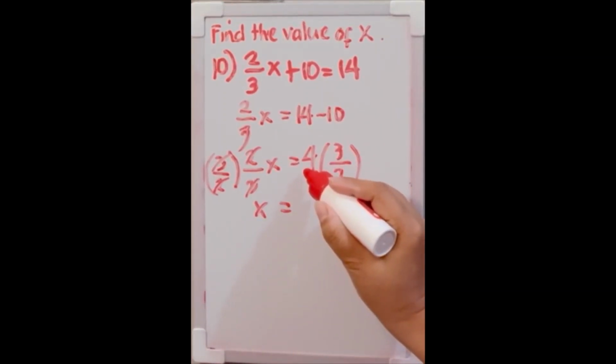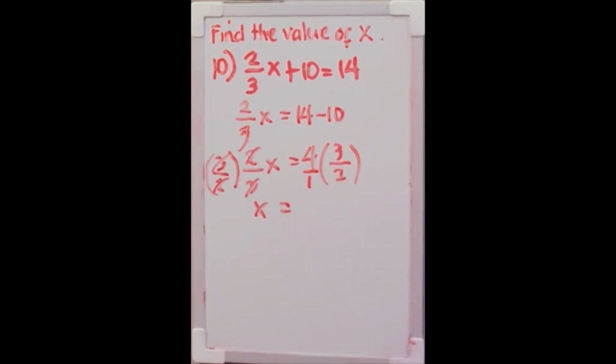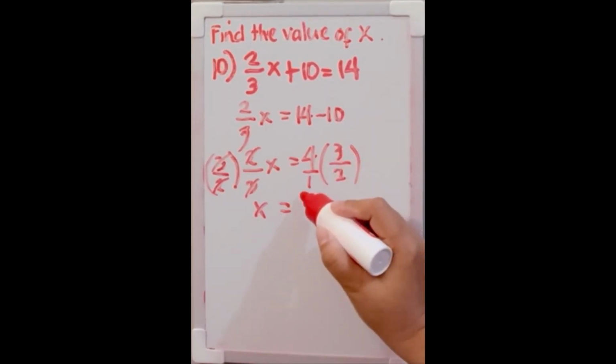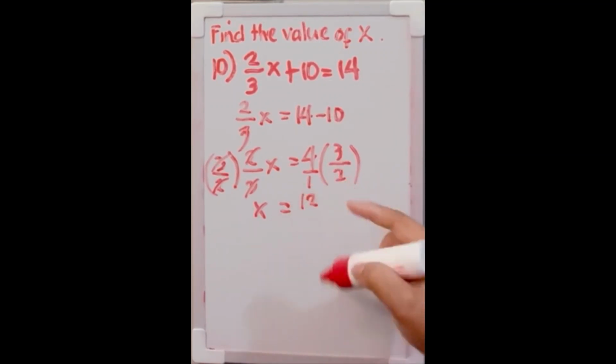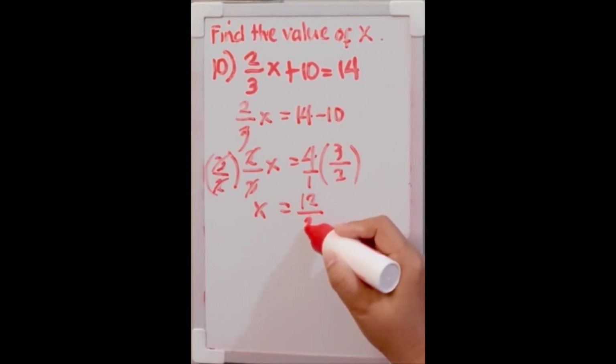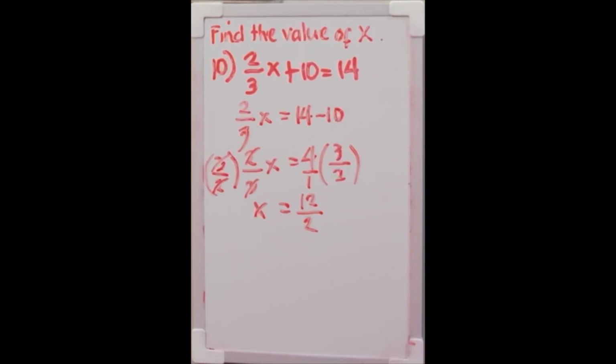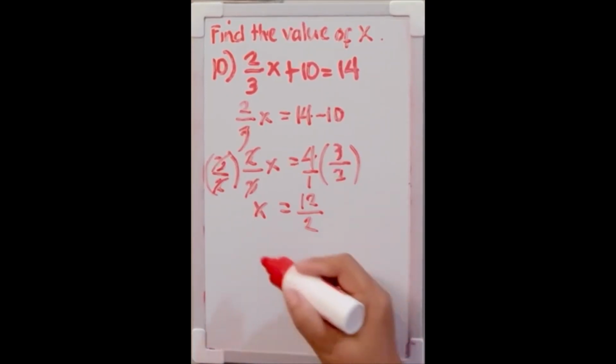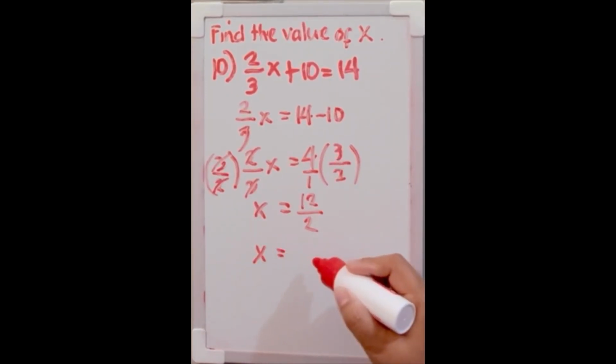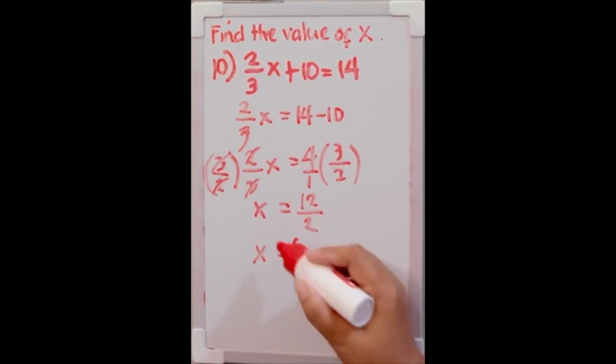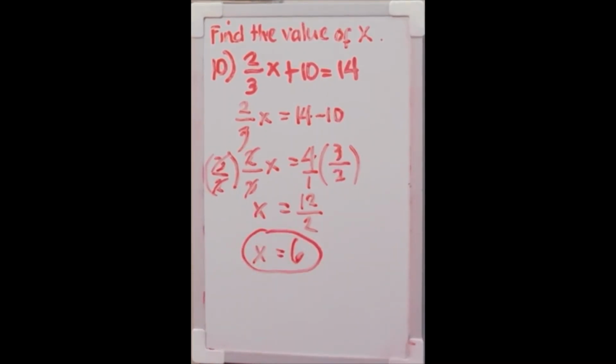And 4 here is understood to have a denominator of 1. So multiplying 4 times 3, this is 12. 1 times 2, 2. So you have 12 divided by 2. And when you divide these numbers, we get 6. So x is equal to 6.